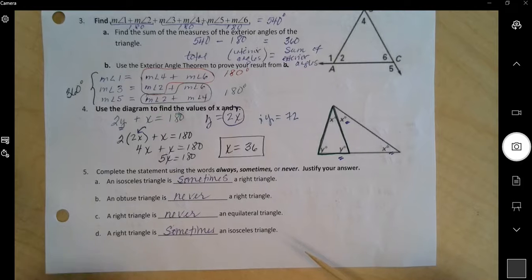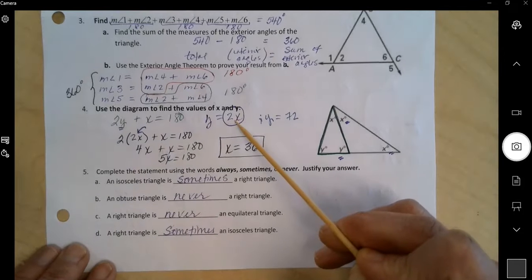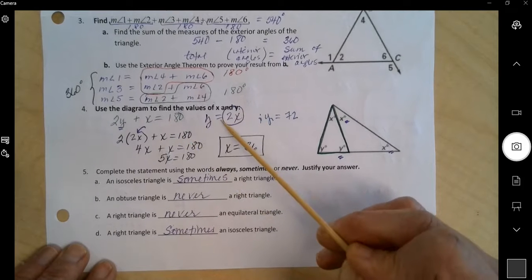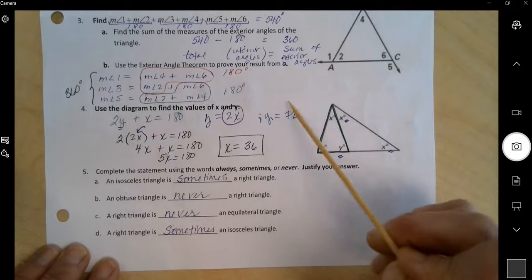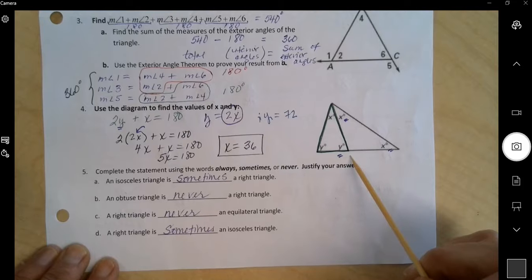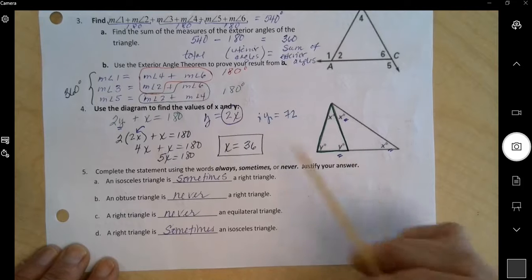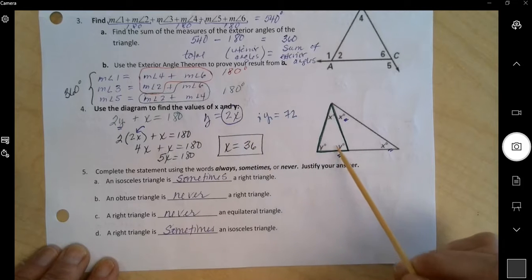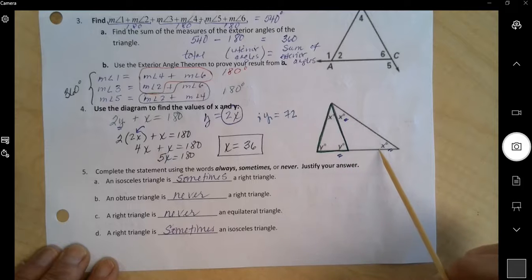So when you got 2x, you got 2x from the... I got 2x from here. Here are my two equations, green and purple. This green equation comes from this story. x plus y is equal to 180 degrees. Oh, okay. And then this story comes from this exterior angle being equal to the sum of these two.